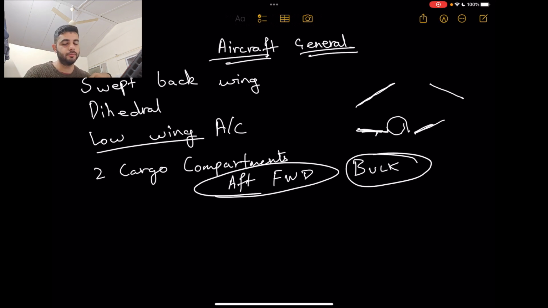When we go into the cargo compartments chapter itself, you will realize that the doors open in certain directions, and it'll help you, because if you have any problem with your outflow valve later on in pressurization, you can open one of these cargo doors and depressurize the aircraft.